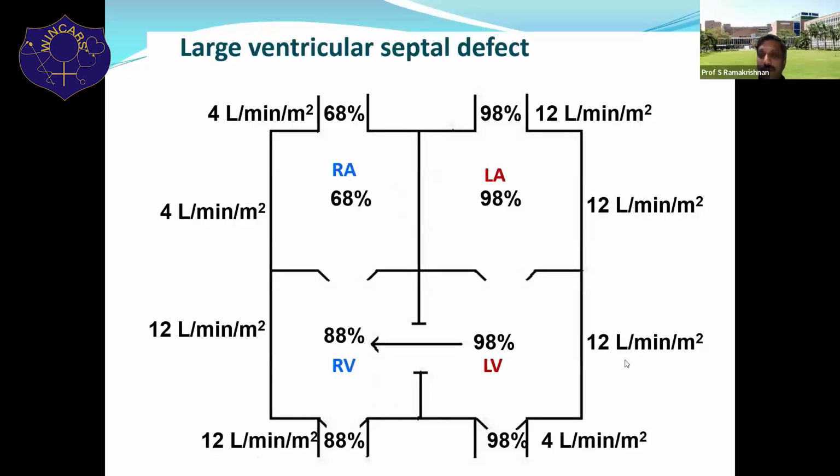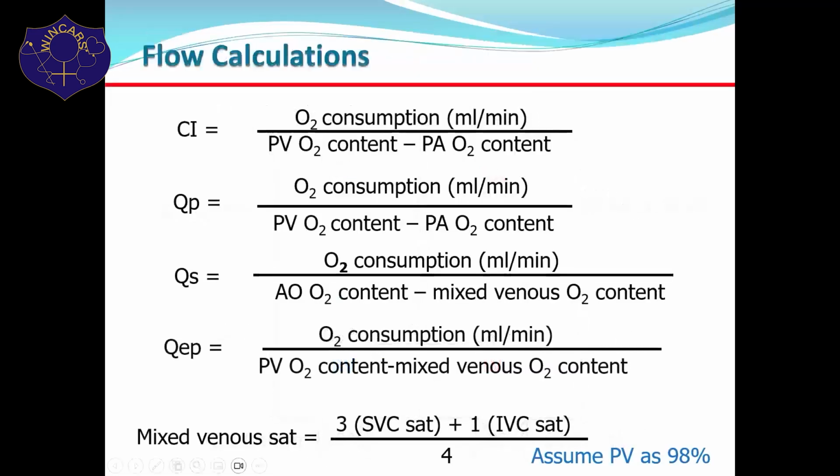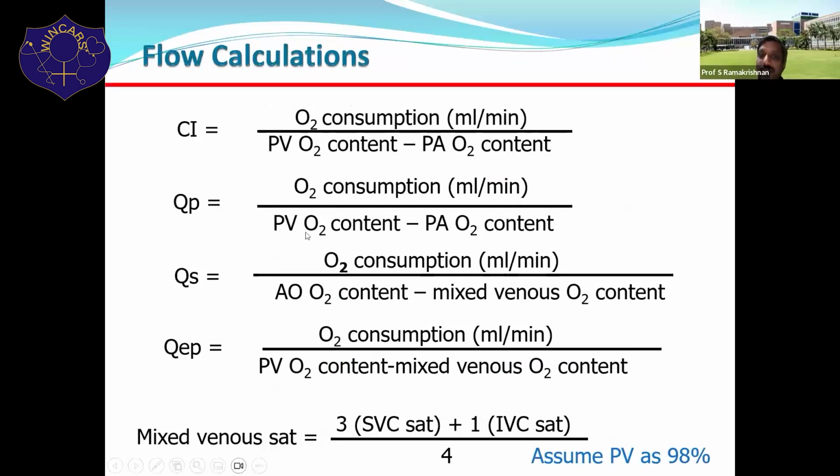So how is this calculated? Can anybody explain to everybody? Go back. What is QP? QP is pulmonary vein minus pulmonary artery, whereas QS is aorta minus mixed venous.